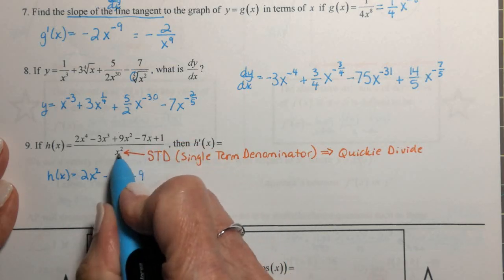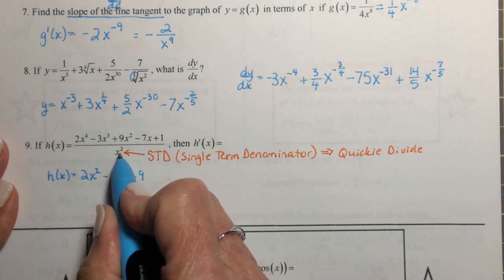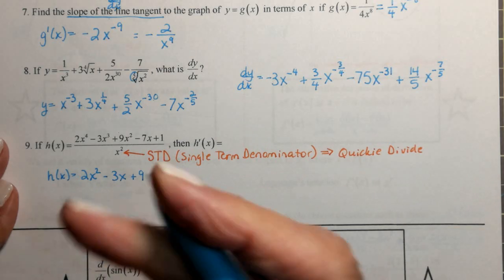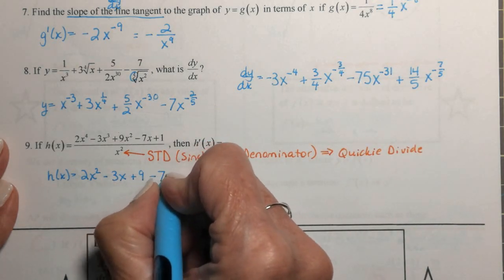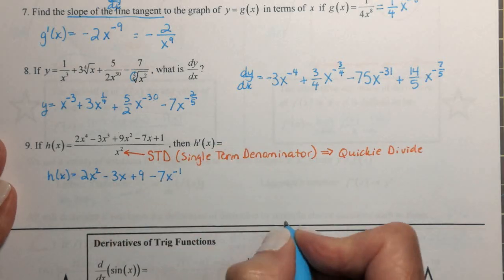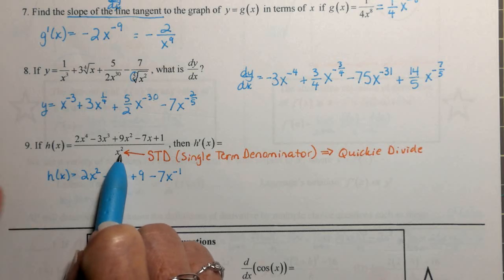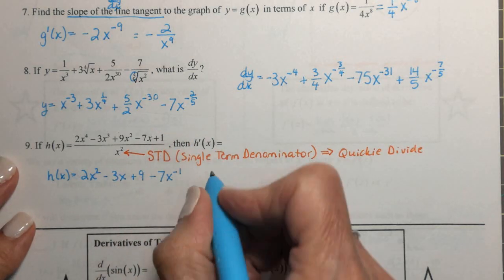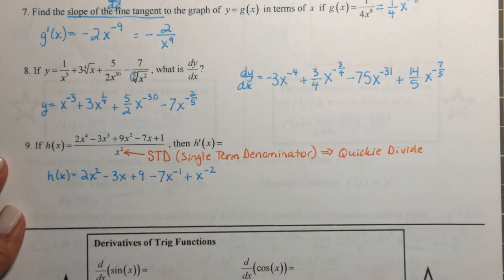Negative 7x over x squared would be negative 7 over x, but I don't want x in the denominator because I'm about to take the derivative. So I'm going to write that as negative 7x to the negative 1. 1 over x squared. I don't want to leave it like that because I'm taking the derivative. I need to move x to the top given a negative power. So x to the negative 2. Okay?